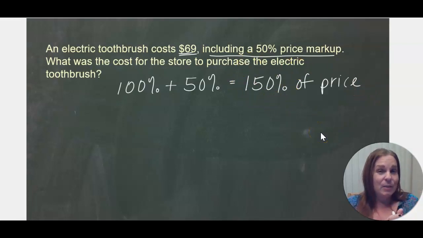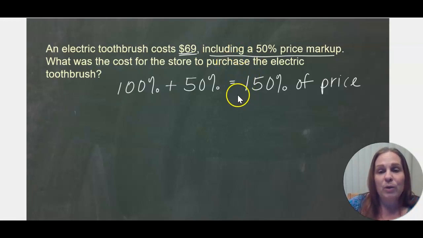So remember I said at the beginning, whenever we're finding a percent, decimal, or fraction of something, we're going to multiply, right? So in order to use this in a calculation, we need to write it as a decimal.